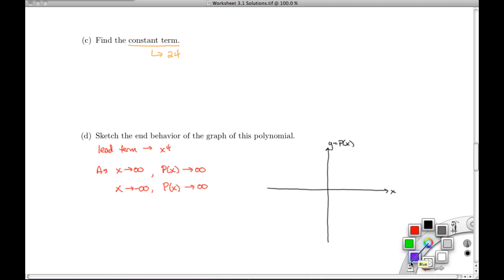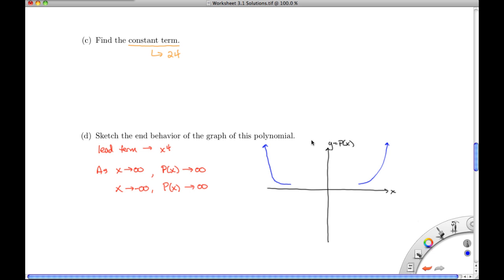So as x goes off to positive infinity, our function's going to take off to positive infinity. And as x goes to negative infinity, our function is going to take off to positive infinity. So we'd have something that looks like this, and some other fun stuff going on in between. And we do know that there would be a y-intercept somewhere around 24.